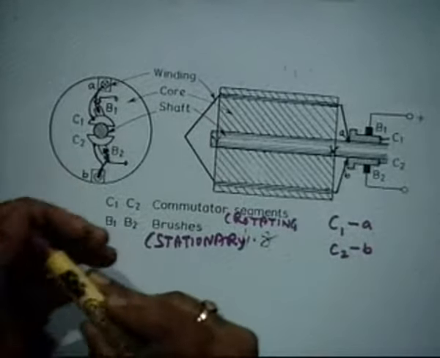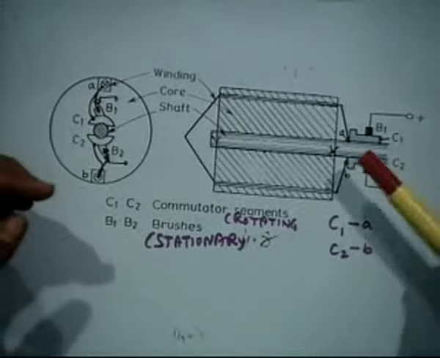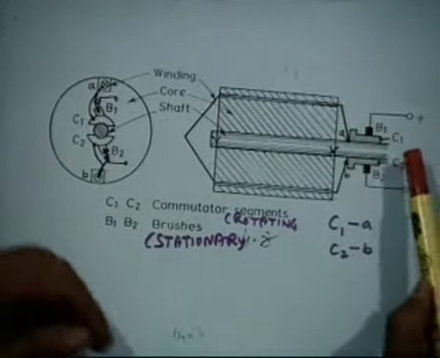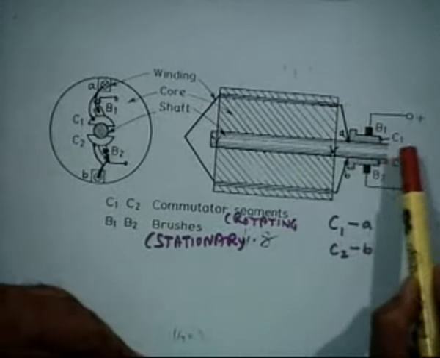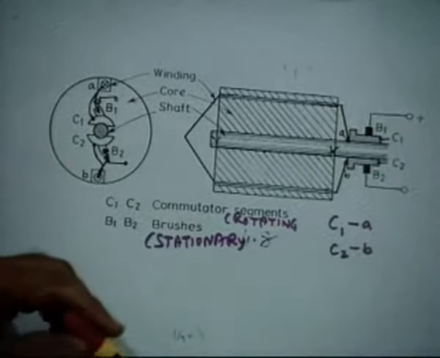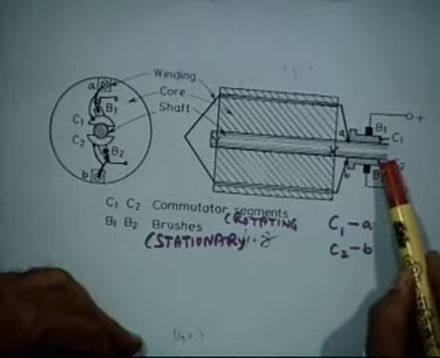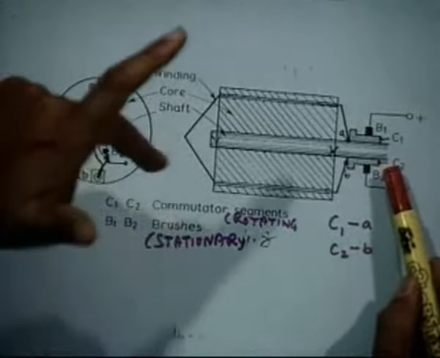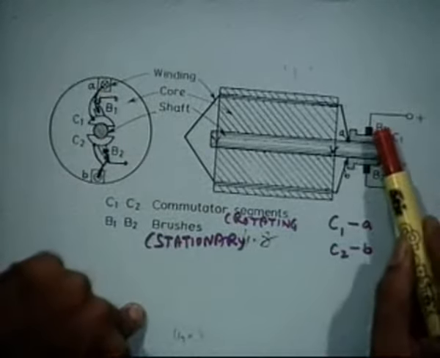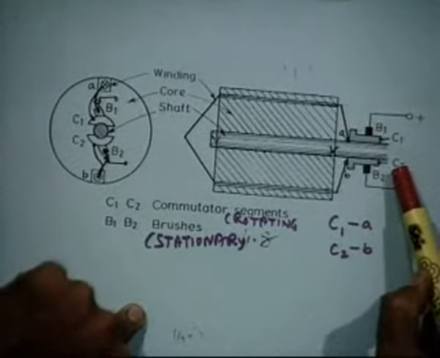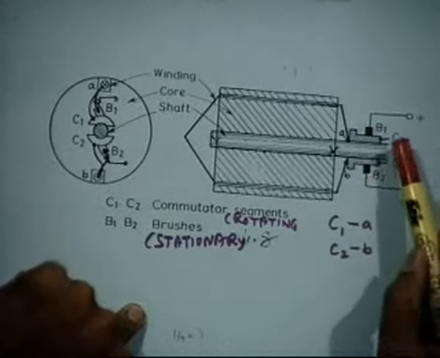So what you notice here is, as it rotates, at this instant, for example, the brush B1 is with C1 and B2 is with C2. But after some time you will notice that B1 comes into contact with C2 and B2 comes into contact with C1.